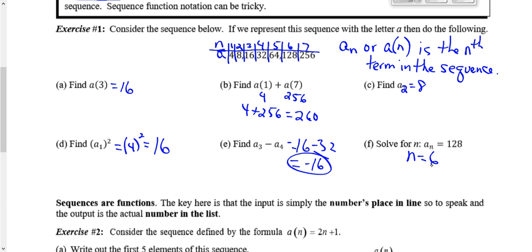And the sequence has a first term, a second term, a third, and we're just saying, this one's the first, that's the second, right? That's the n. We just call the n the number, it's like its place in line. That's all. The n is just a place in line. Sometimes you might hear it called the index, actually. But it's just its place in line. Okay? That's all it is.